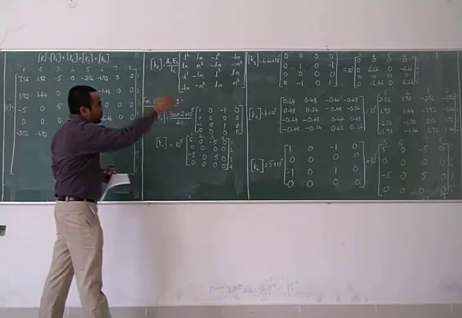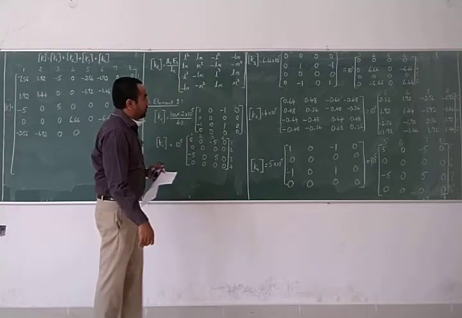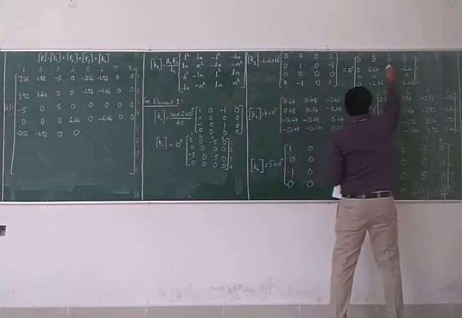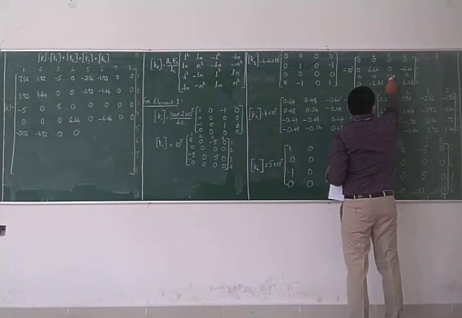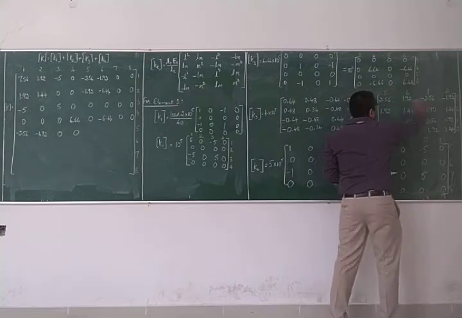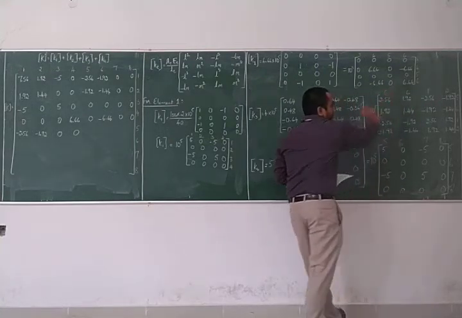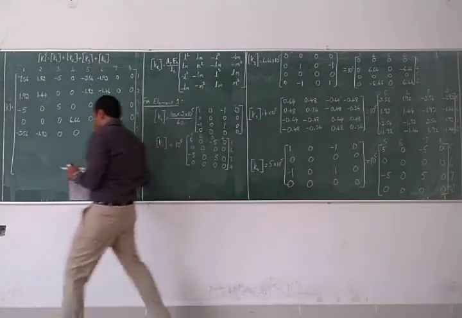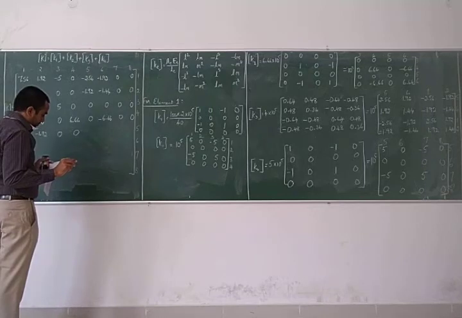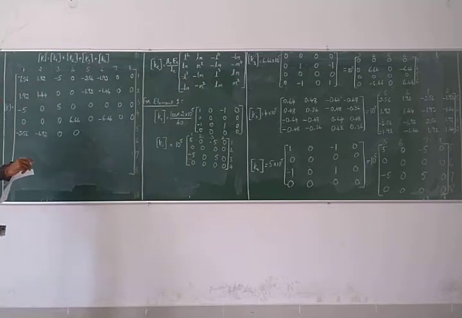Next, fifth degree of freedom column and fifth degree of freedom row is 0. Fifth degree of freedom column and fifth degree of freedom row is 2.56. 0 plus 2.56 is 2.56. Is there any other term that we have missed?